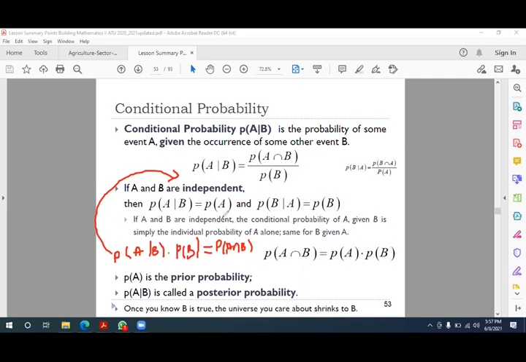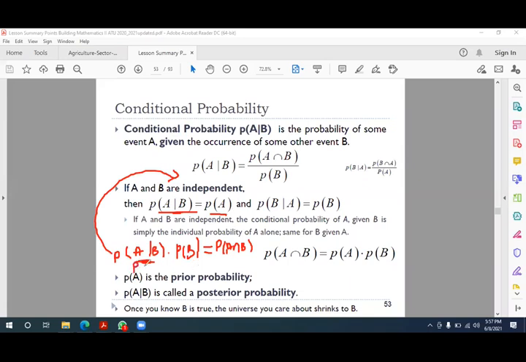So in that case, this probability of A given B is just the probability of Abraham, because Abraham does not depend on Benjamin.